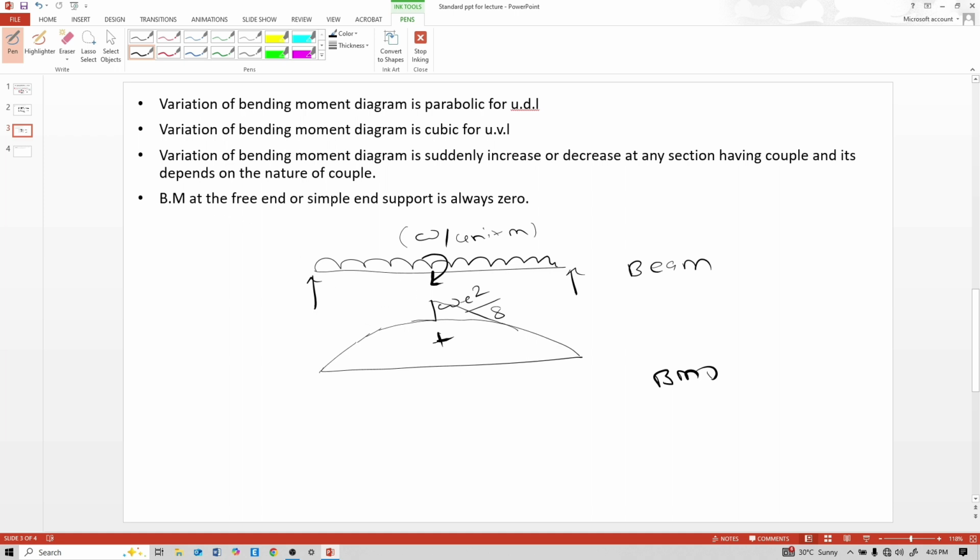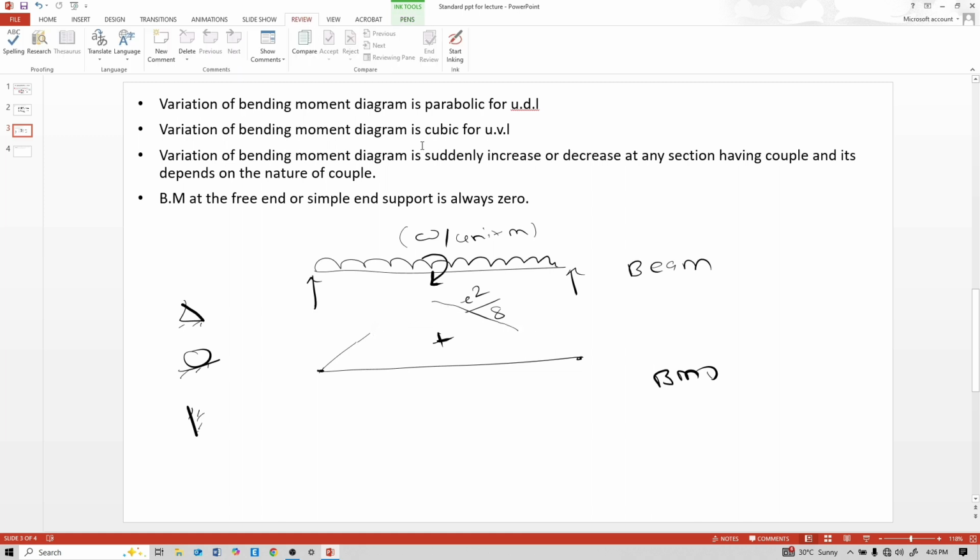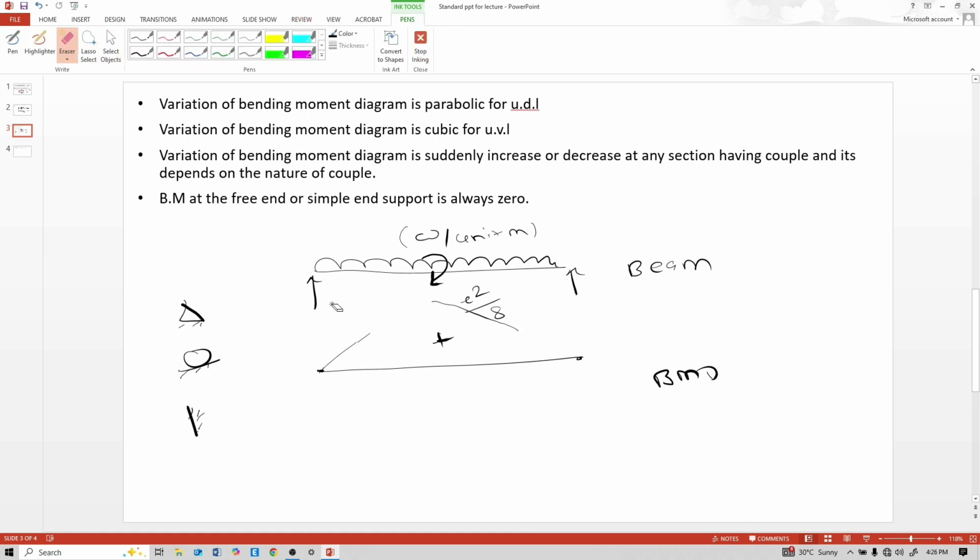Bending moment at a free or simple end is always zero. See here, bending moment is zero. Here, bending moment is zero because it is a simple support like a pin or roller. But at a fixed support, there is a moment. If this beam is fixed, then a moment occurs here.